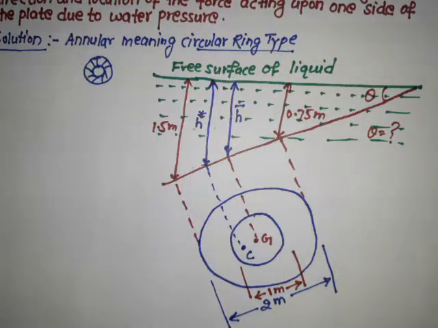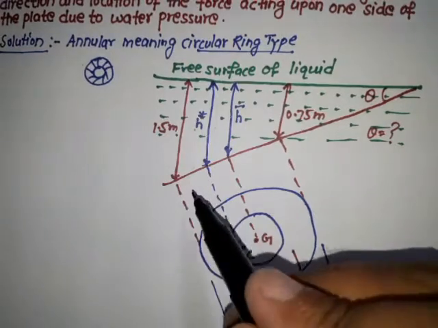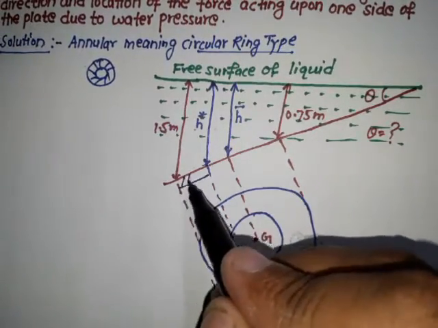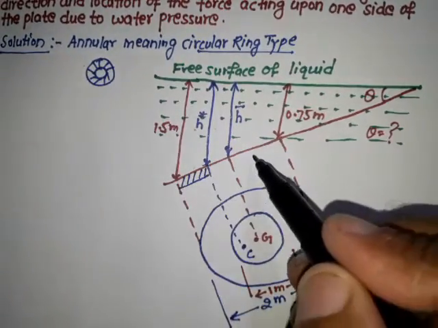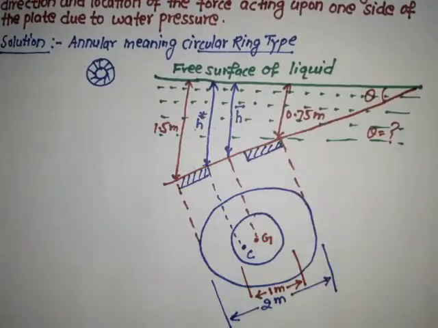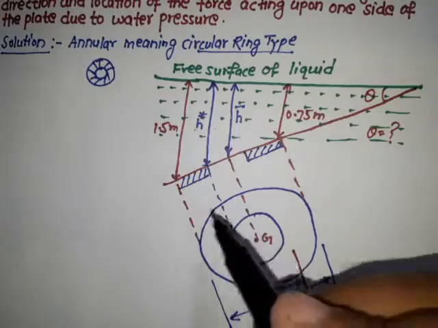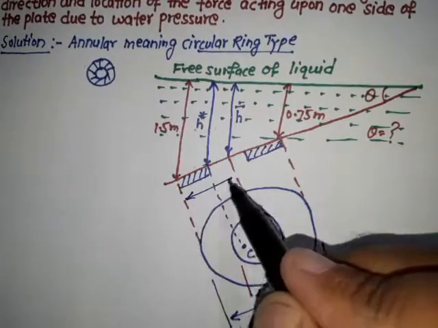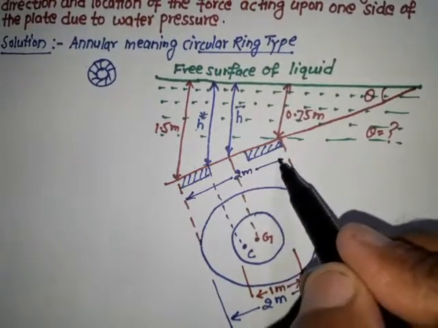Firstly, we need to find the angle theta. This is like a hollow circle, and this is the solid part of this section. This distance is also equal to 2 meter.